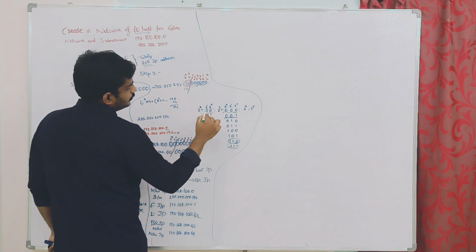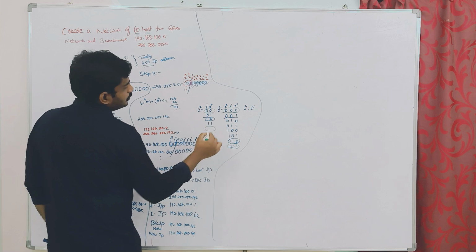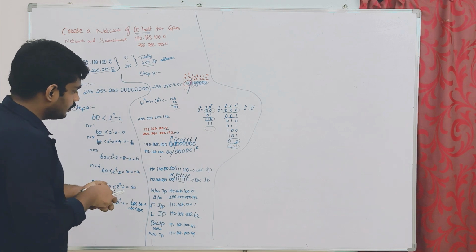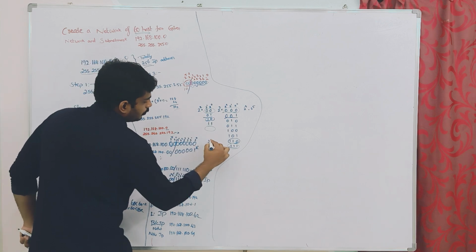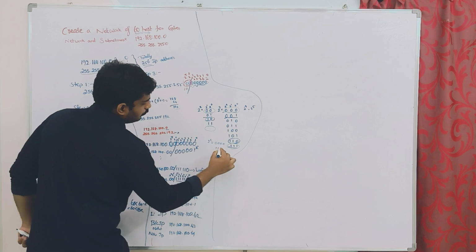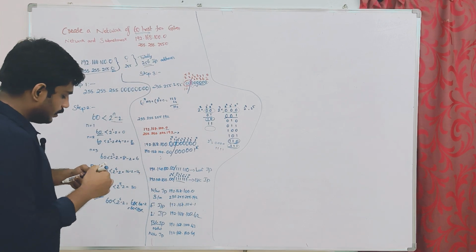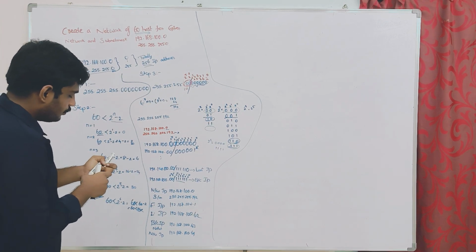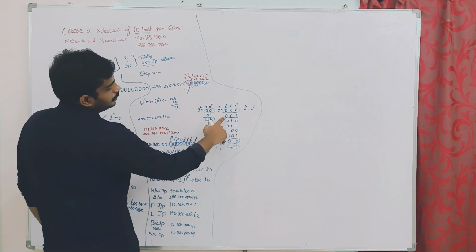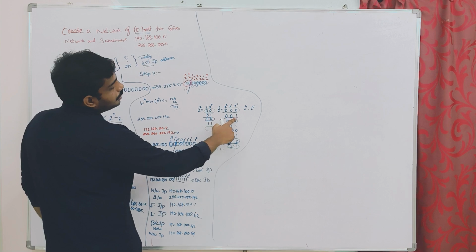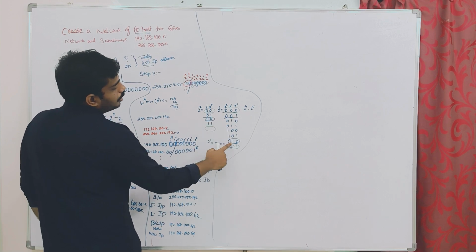Here also it starts with 0 0 and ends with 1 1 1. Even if you take 2 power 4, it starts with 0 0 0 0 and ends with 1 1 1. Here it starts with 0 1 and ends with 1 0. Here it starts with 0 0 1 but ends with 1 1 0.